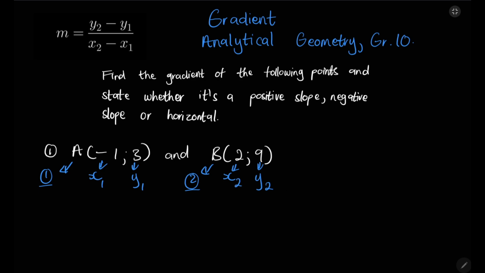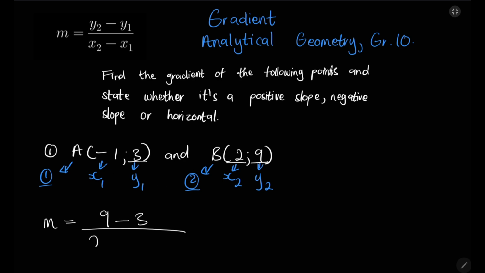Let's substitute into our gradient formula. There's your formula. We have m, a small m, is equal to y2. Where's y2? There it is, it's 9. You have minus y1. That should be minus, where's y1? There it is, it's 3. All over, you have x2. Where's your x2?